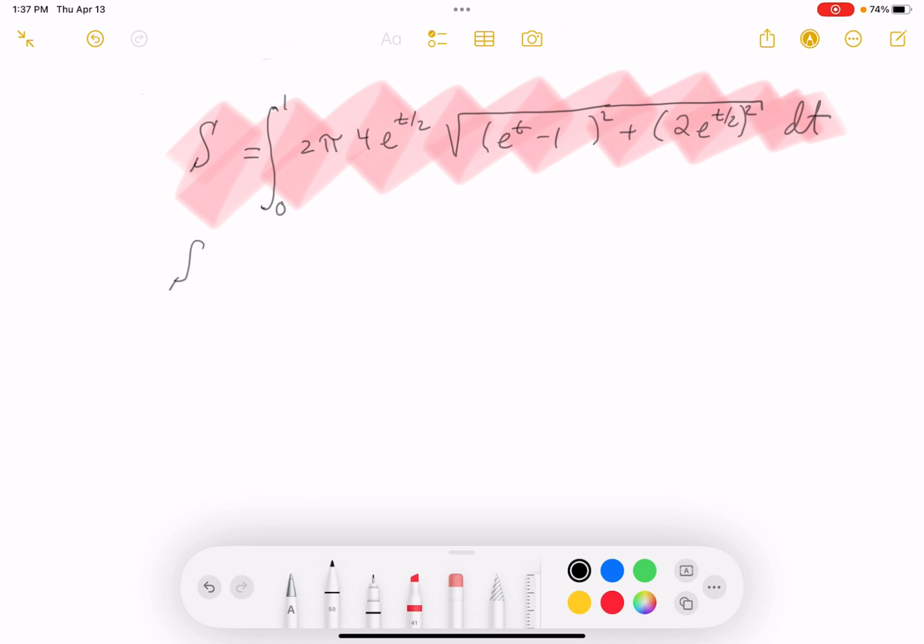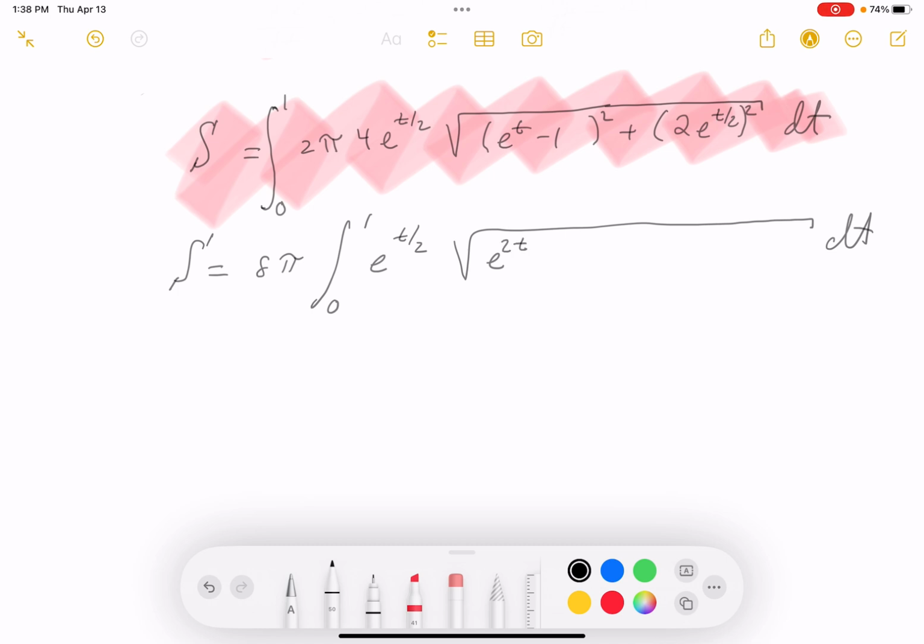So let's write S down. I'm looking at it, and I see 8 pi. I'm pulling that out. That's going to be 0 to 1, and I see e to the t over 2. I see this really long root problem over here, and I'll put dt down here. I'm going to square that. That's going to be e to the 2t.